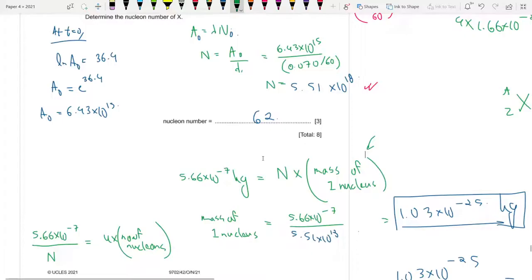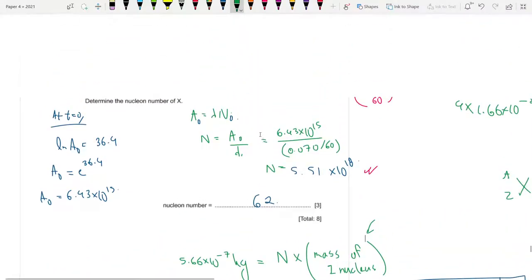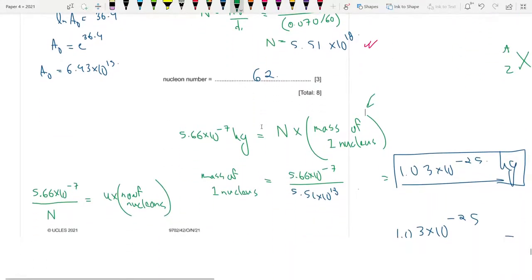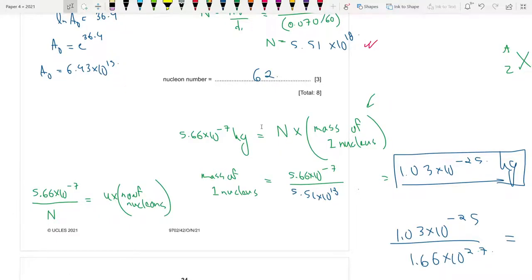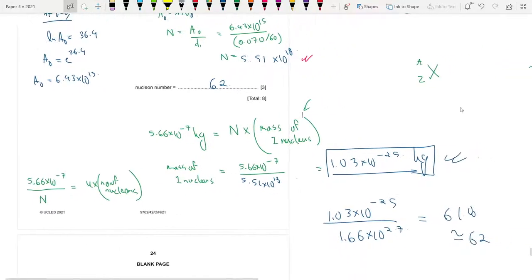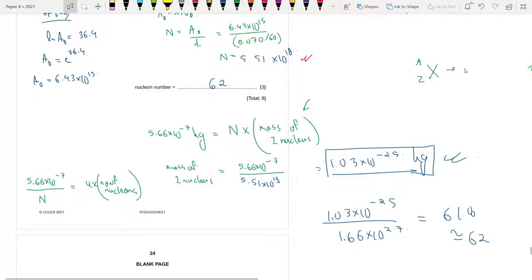5.66 into 10 power minus 7 kg is equal to the number of particles into the mass of one nucleus. So 5.66 into 10 power minus 7 divided by n is equal to the mass of one nucleus. So what's the mass of one nucleus actually? How would you find this out? It's actually the nucleon number into the mass of one nucleon, which is u, 1.66 into 10 power minus 27, right?